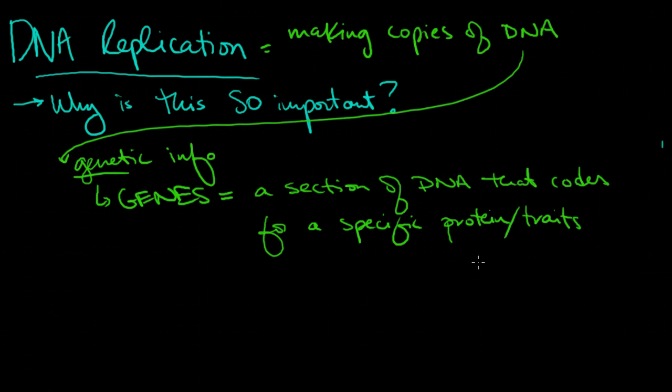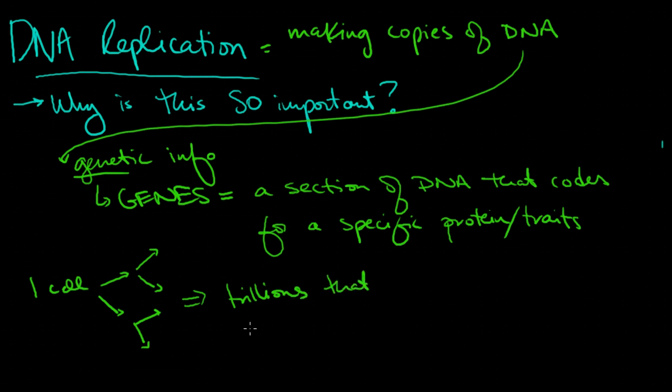So if we think about this in the context of ourselves, remember that when we started our development, we started from one single cell, and it divided. This is divided through mitosis to other cells, and those cells kept dividing until we got to the trillions of cells that we have today.